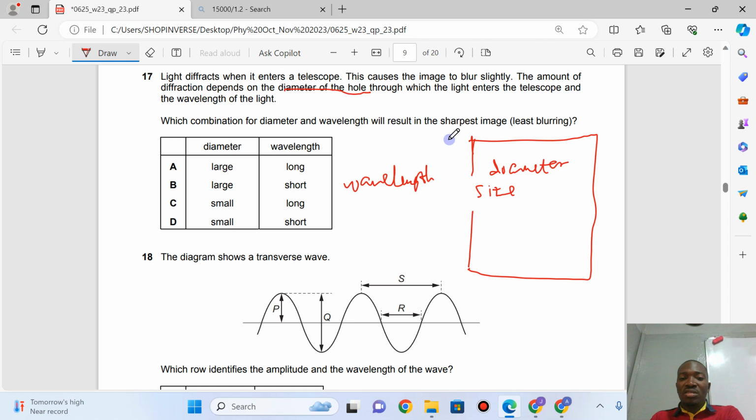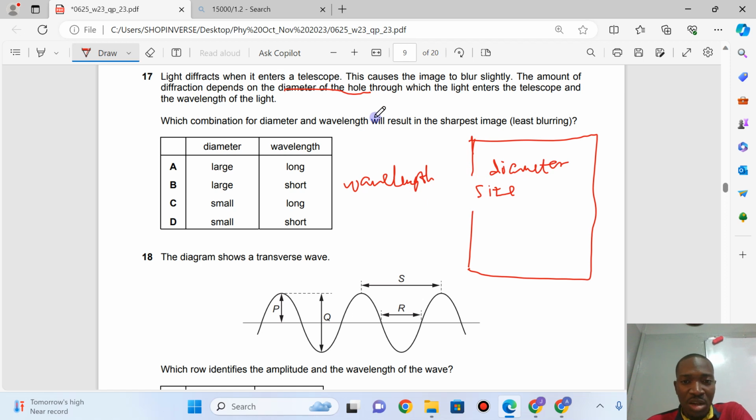When the wavelength is equal to the diameter, diffraction will be maximum. When the diameter is smaller than the wavelength, fine, there will be diffraction, but the rate of diffraction will be maximum when both of them are equal. But when the diameter of this gap is far larger than the wavelength, there will be no diffraction.